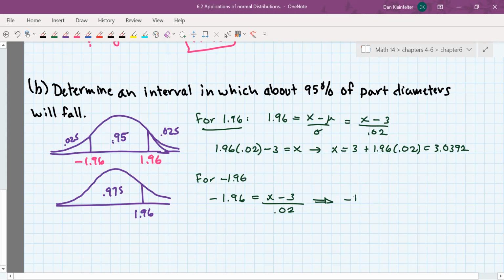We'll have negative 1.96 times 0.02 equals x minus 3, and then we'll add 3 to both sides. So 3 minus 1.96 times 0.02 will be our x. So x is going to be 2.9608.